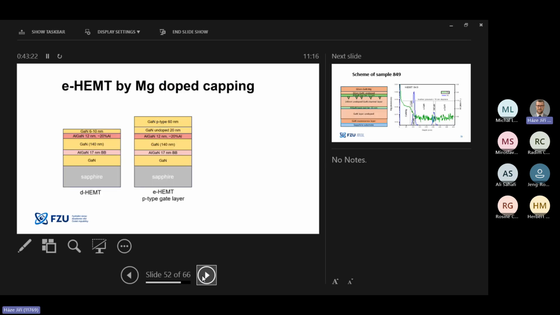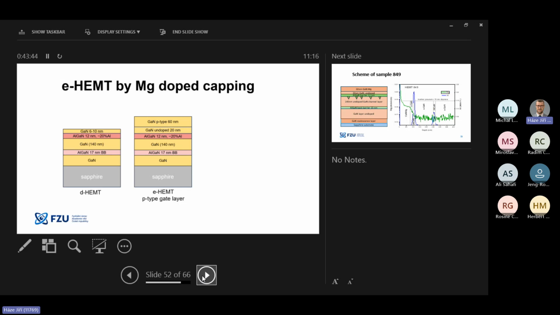Interesting. We also did some E-mode structures because the HEMT structures are fine and easy to produce, but it's not preferable for application because you have always open channels.